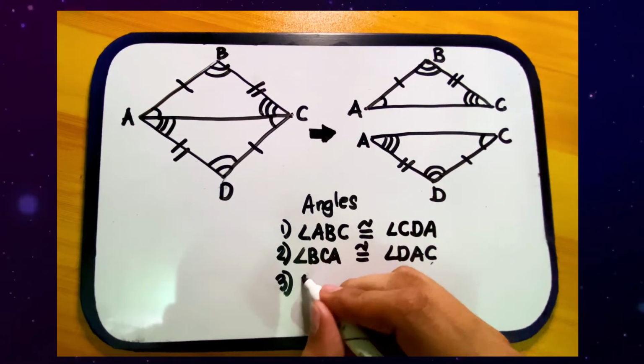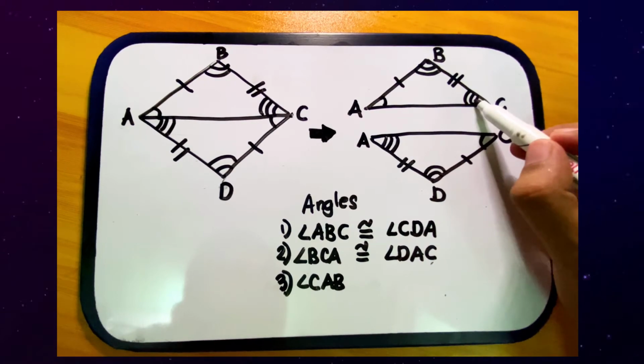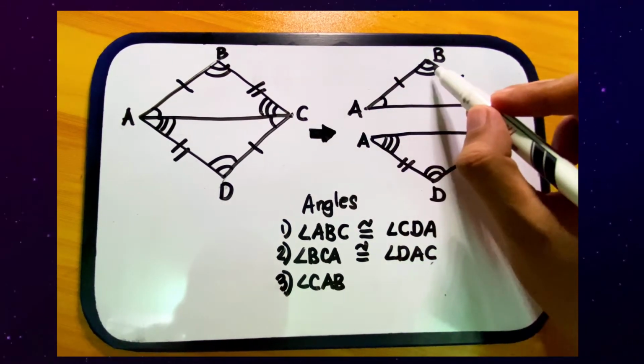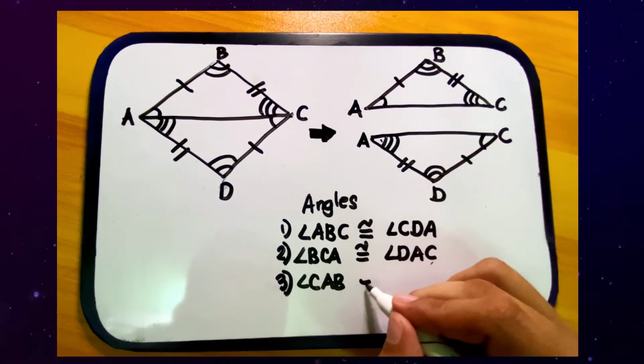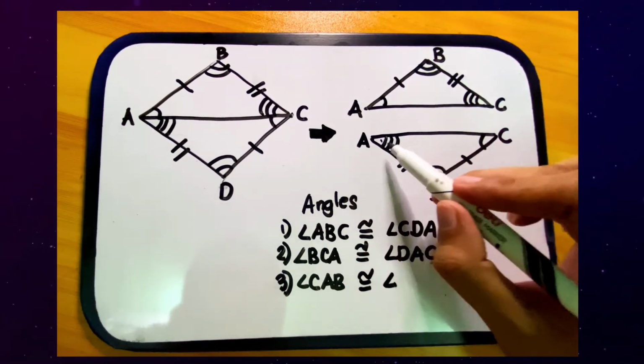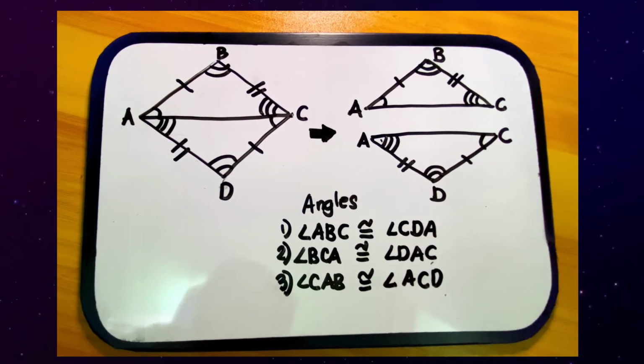Angle CAB, so C 3 1 2, so here 3 1 2, so angle ACD. So that's how we'll name the angles if we have two triangles that are combined.